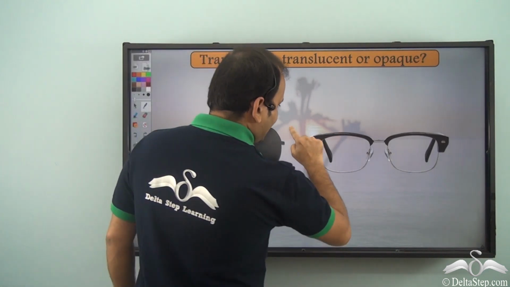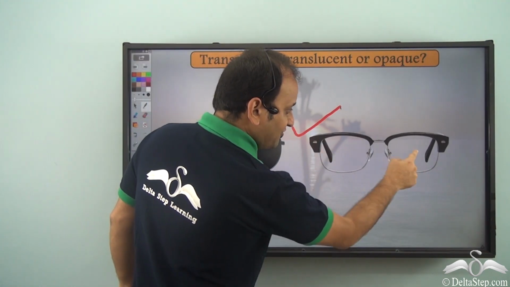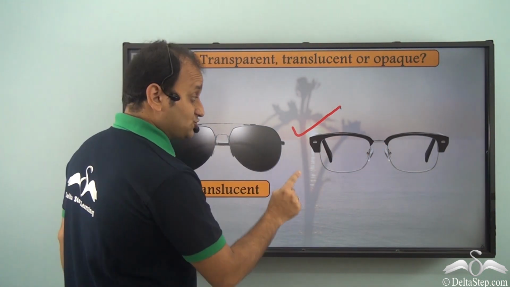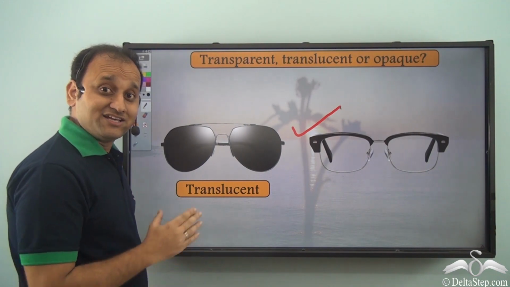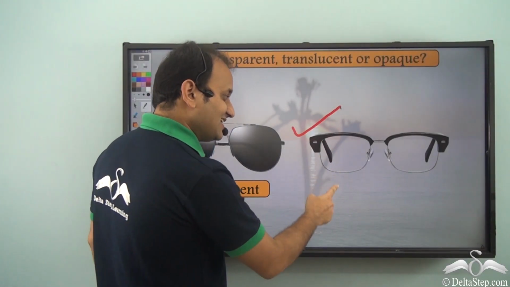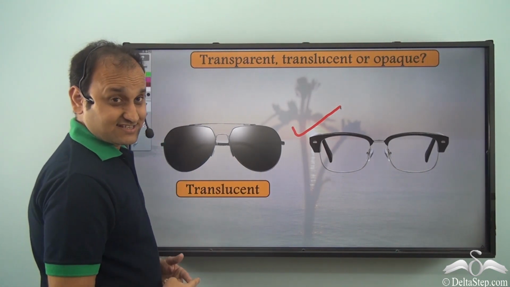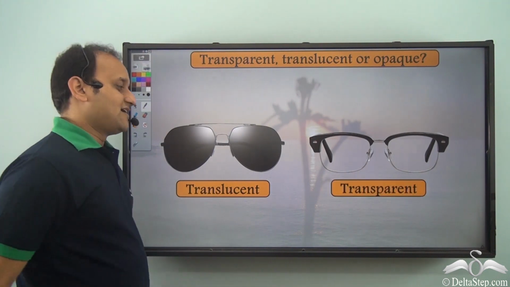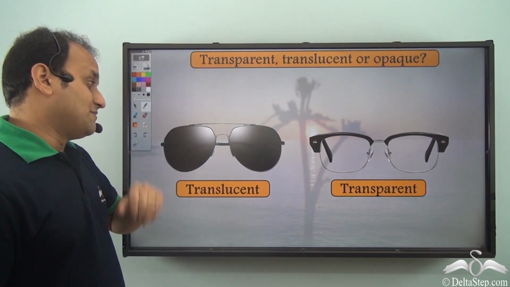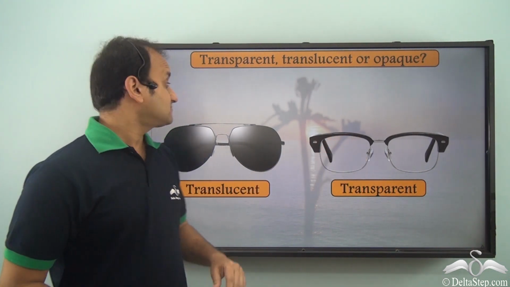But in the case of these glasses, you can see behind it very clearly too. That is, it is allowing the light to pass through it without any discomfort, and you can see very clearly through it. As a result, this is not a translucent object. This is a transparent object. So you see, even among glasses, some can be translucent while some can be transparent.